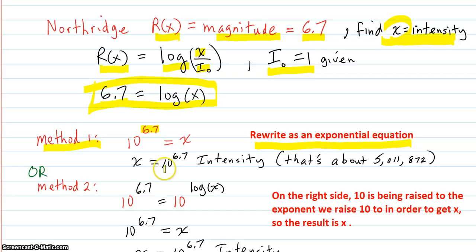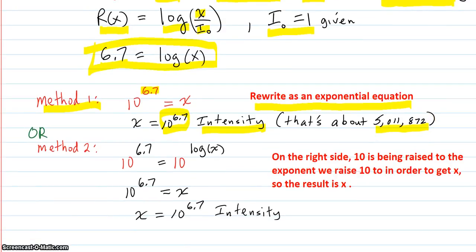So x is 10 to the 6.7. That's the intensity. That's about 5 million and so forth. Method 2 requires less thinking, which might come in handy. So I actually like method 2 a little bit better. But the original method takes a little bit of thinking.